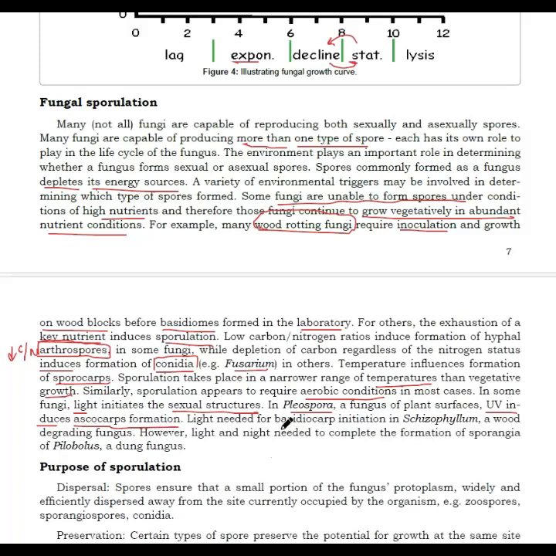Light is needed for basidiocarp initiation in Schizophyllum, a wood degrading fungus. So in some cases light can form ascocarp, in some cases basidiocarp, and light and night are needed to complete the formation of sporangia of Pilobolus, a dung fungus. These are very important examples you need to learn and remember.